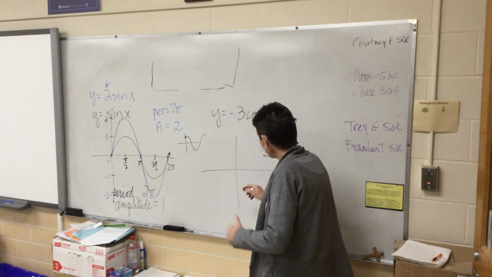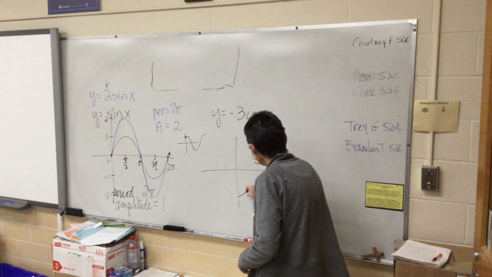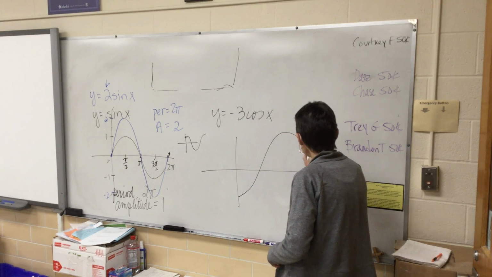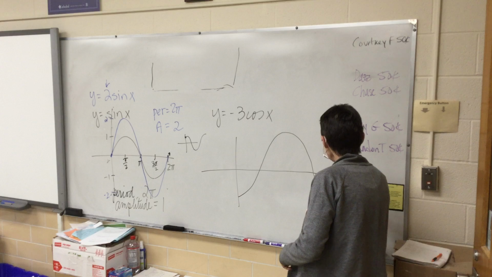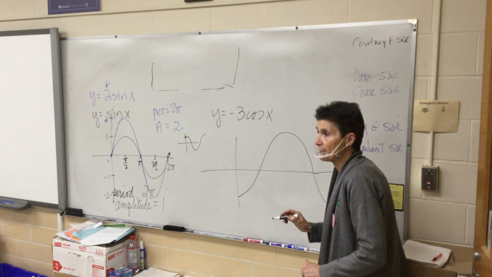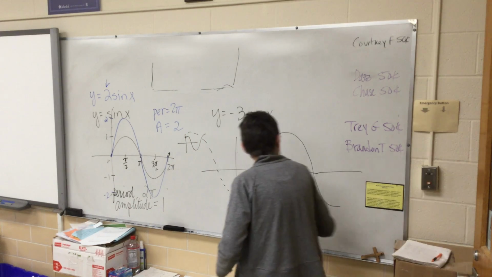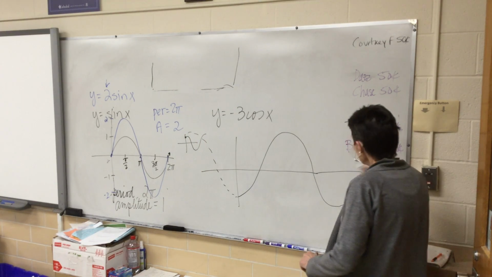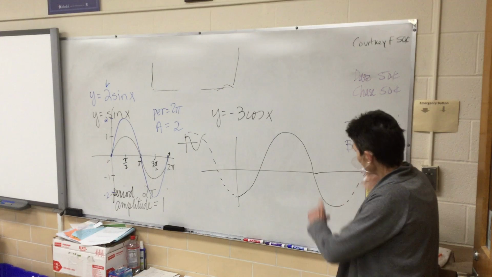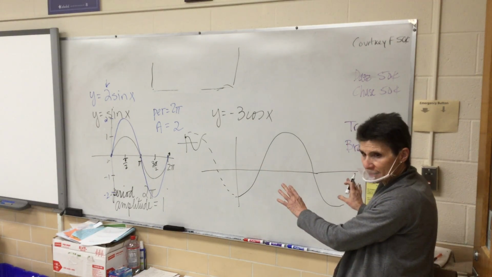It's flipped upside down, so it's going to start down here. It's going to come up like this, and it's going to come back down. Now, I know that's a very weird shape, but remember, it's part of a continuing curve. So when I draw it in with the pieces continuing, do you kind of see the shape there?